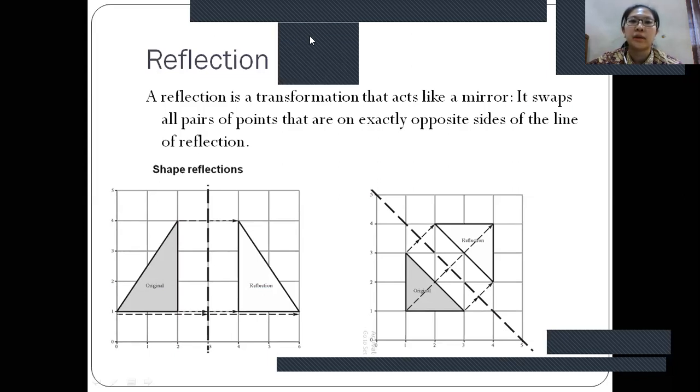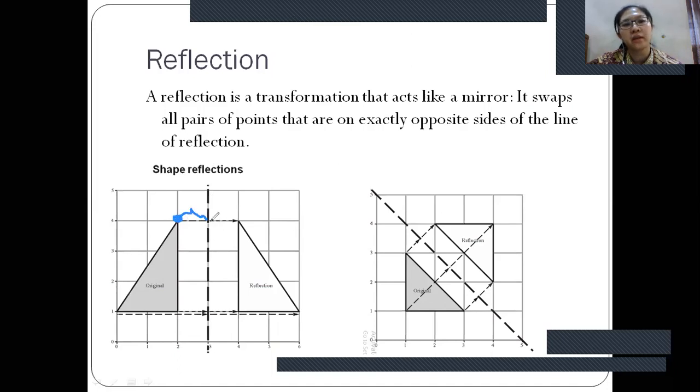So for example, this point is 1 unit from the mirror line. So this point should be reflected also 1 unit from the mirror line. Okay, the distance must be the same.